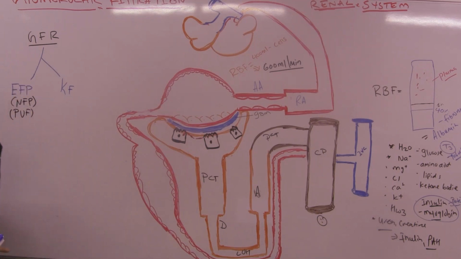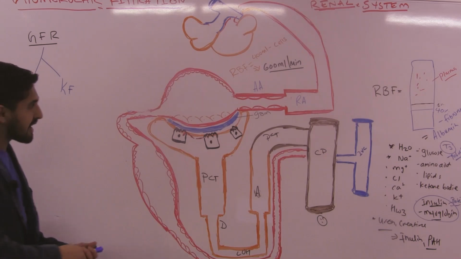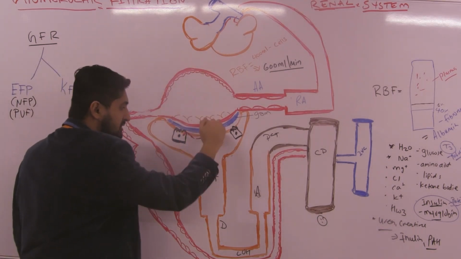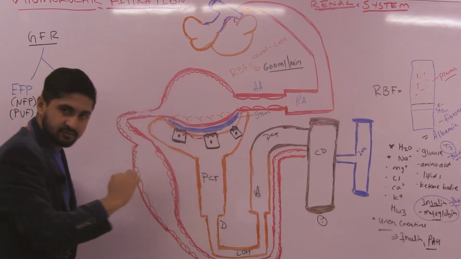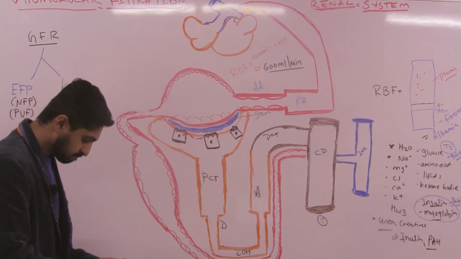And these are mechanical forces, the forces driving the filtration to occur. Because there has to be some kind of pressure for anything to get pushed down from here into this one. So that's what we're going to talk about, the forces right here.